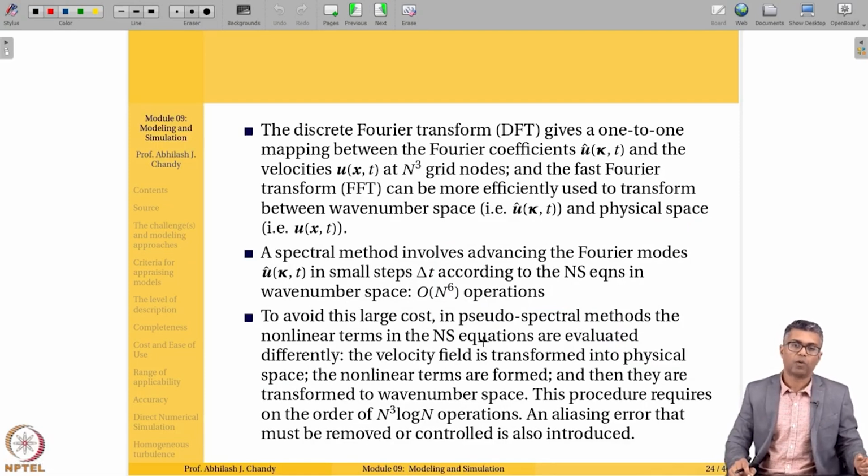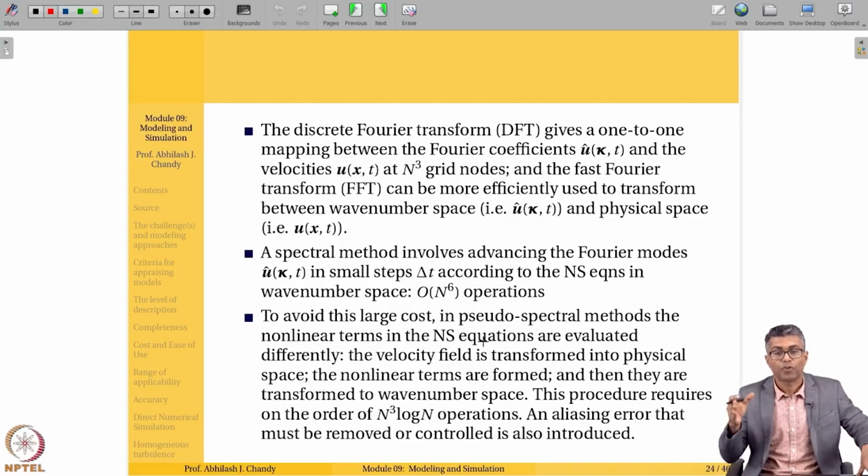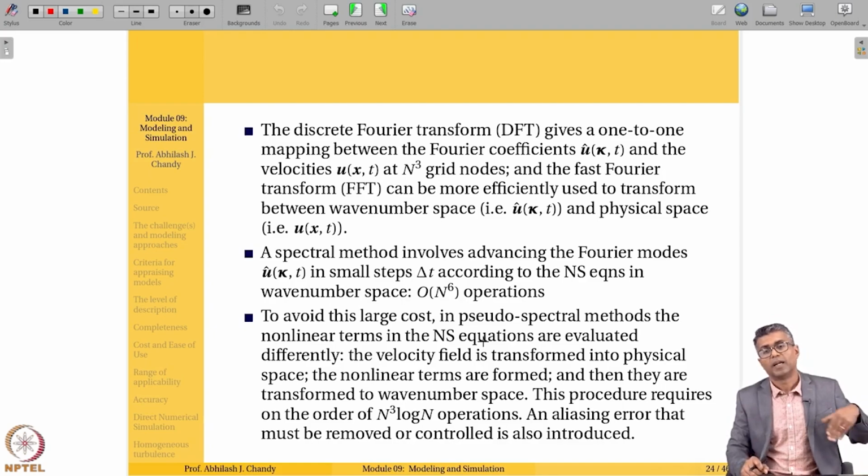Now what the discrete Fourier transform does is it gives a one-to-one mapping between the Fourier coefficients u hat and the u for each Fourier mode, for each grid node, as in for each of the n cube grid nodes. Now, fast Fourier transform is just a more effective way to calculate the discrete Fourier transform, and that is what is computationally used.